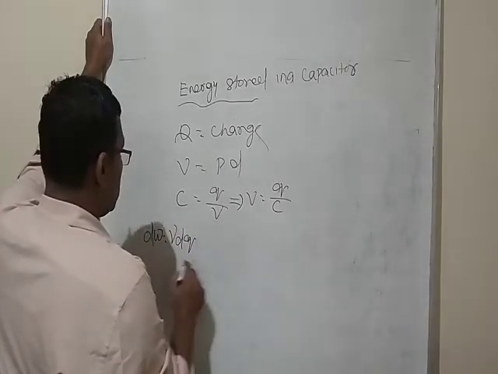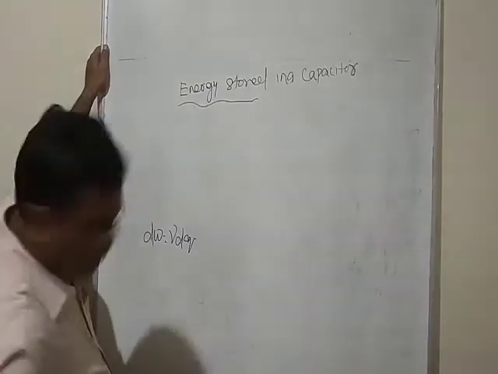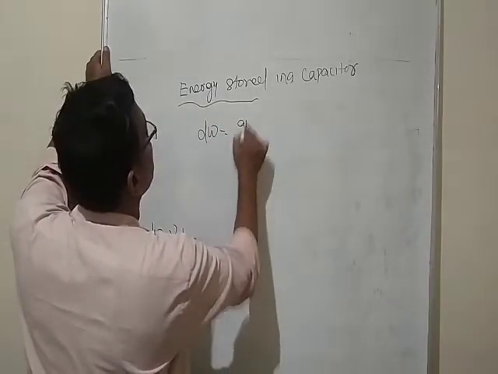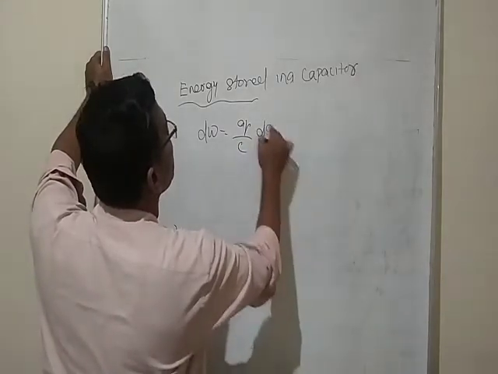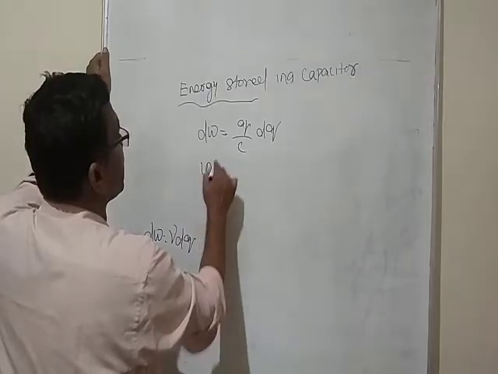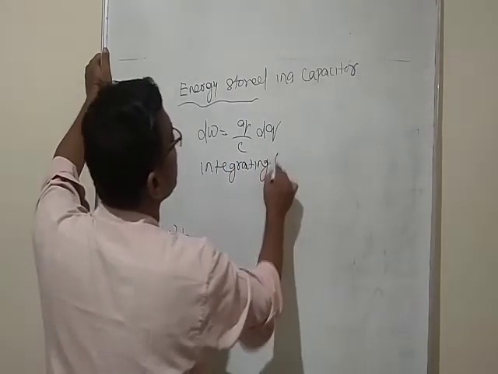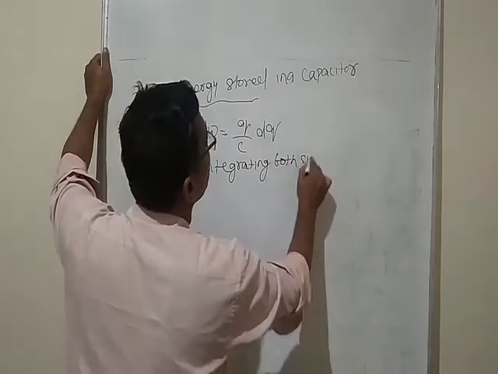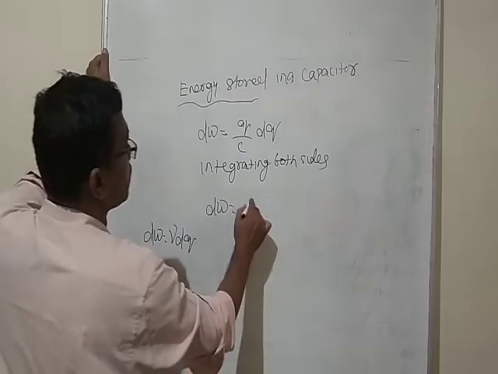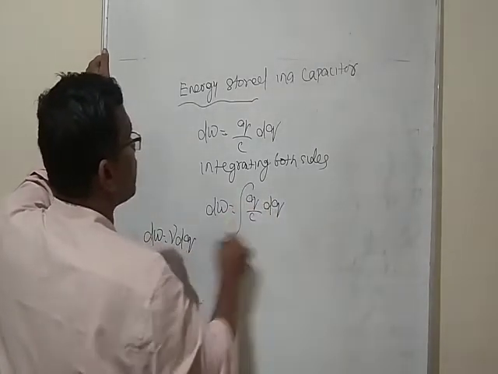So dW is equal to Q by C dQ. Integrating both sides, dW equals Q by C dQ.